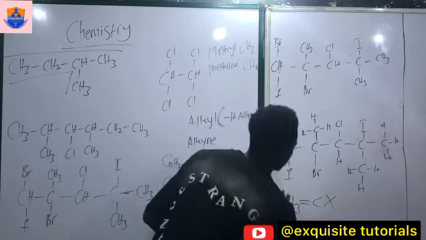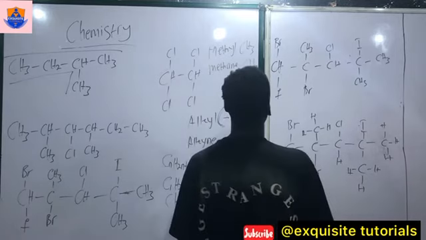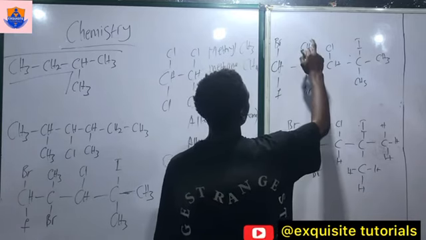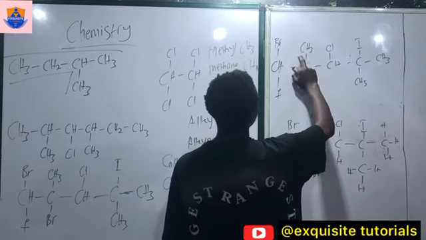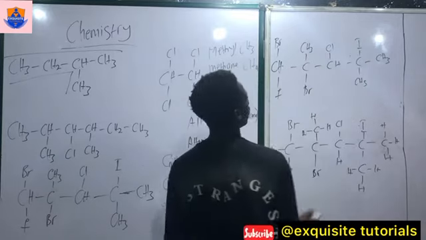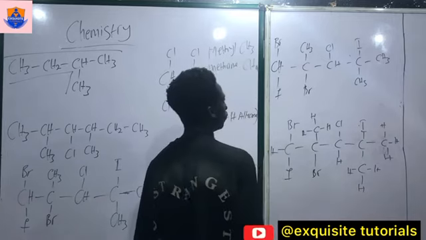All right. So now let's name this. First of all, we have bromine, fluorine, bromine. We have bromine, fluorine, methyl, chlorine, iodine. All right, these are 4 different groups.